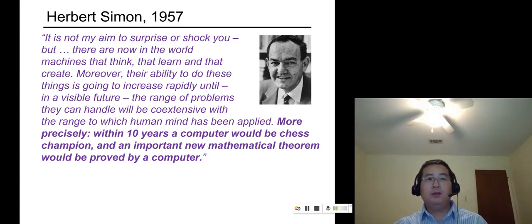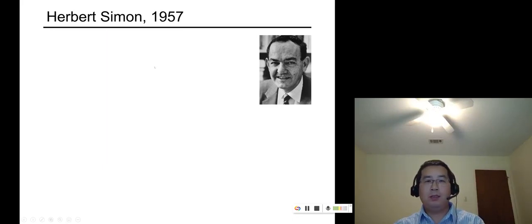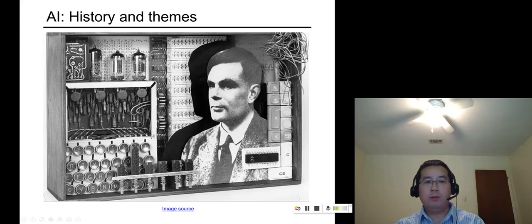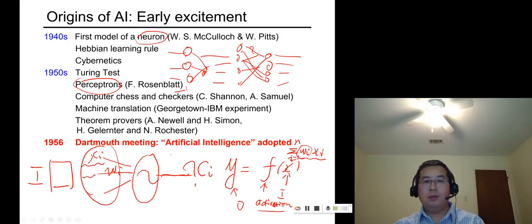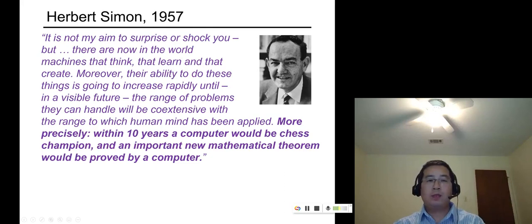For example, Herbert Simon, of course, one of the big guys in that Davos meeting, said these famous words, more precisely: within 10 years, a computer would be chess champion, and an important new mathematical theorem would be proved by a computer.